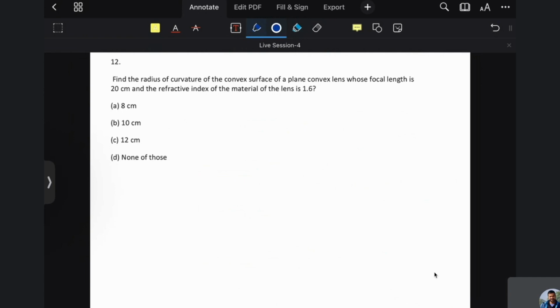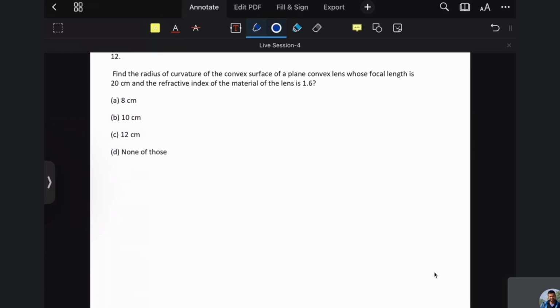Yeah, so here the problem is find the radius of curvature of the convex surface of a plano-convex lens whose focal length is 20 centimeter. So we have a plano-convex lens like this, and refractive index of the material of the lens is 1.6.